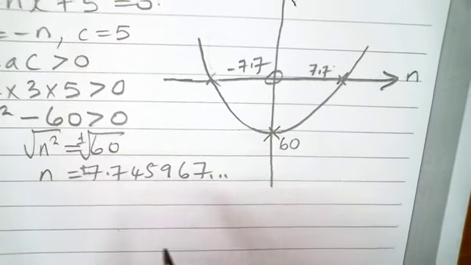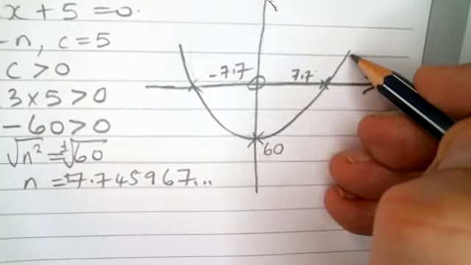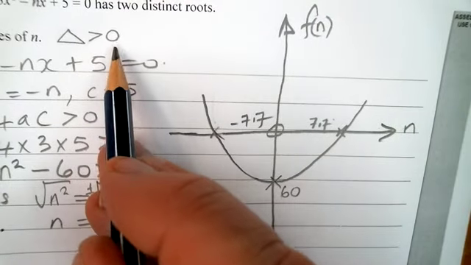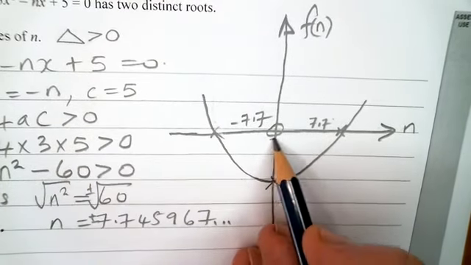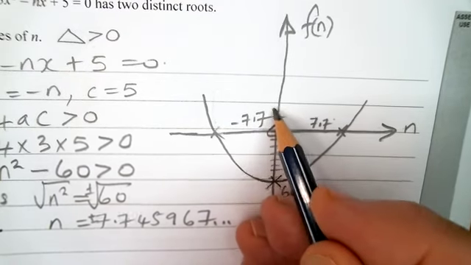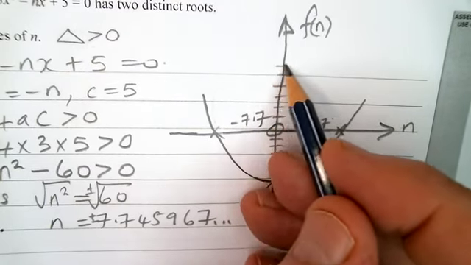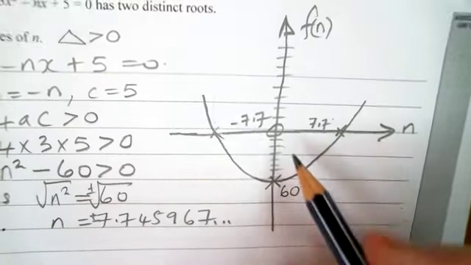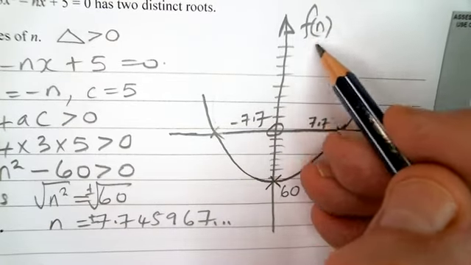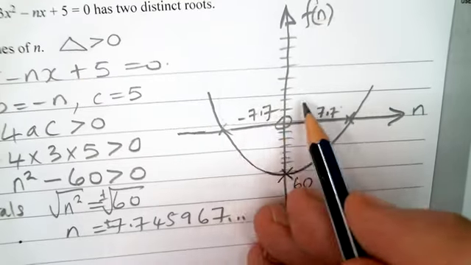But we're looking for values as a function of n that are greater than 0. These values here are all less than 0, because there's 0. These values here are all greater than 0, yeah? So you could either say this is the discriminant here, or you could say it's a function of n, f of n.